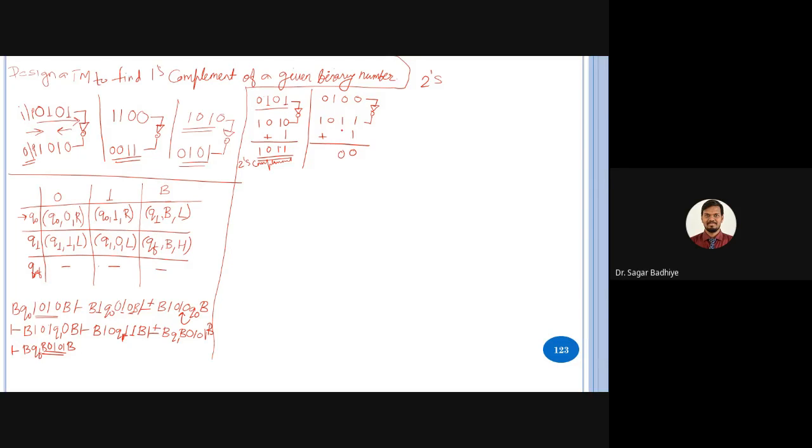So this would again be 0 with the carry 1. So 1 and 0 will be 1, and this 1 will be as it is, right? So you can see that this is the two's complement of 0100, that is 1100.